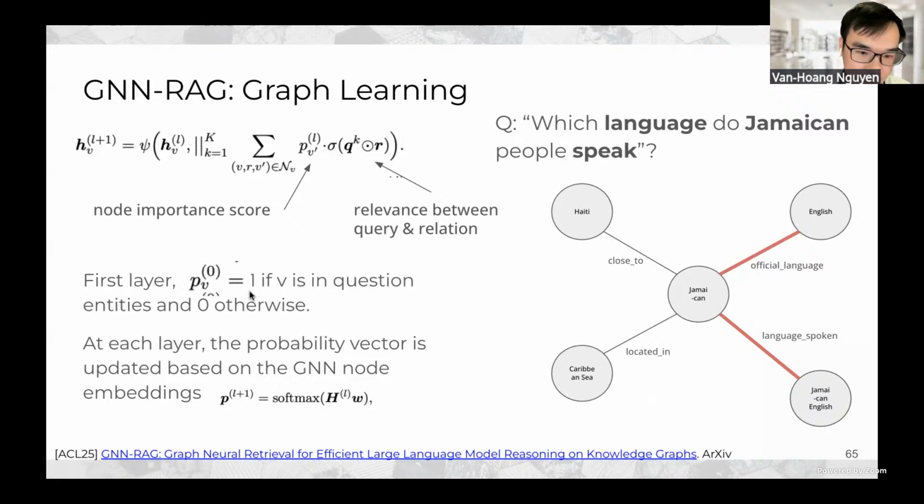And at each layer, the probability vector is updated based on a learnable weight W here, and this is essentially a parameter of the GNN.